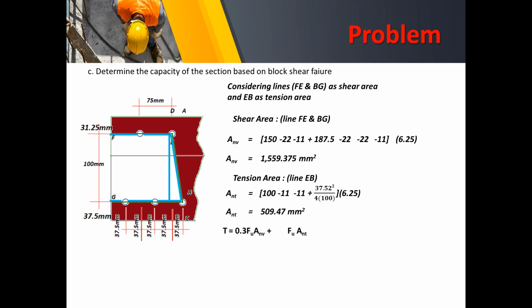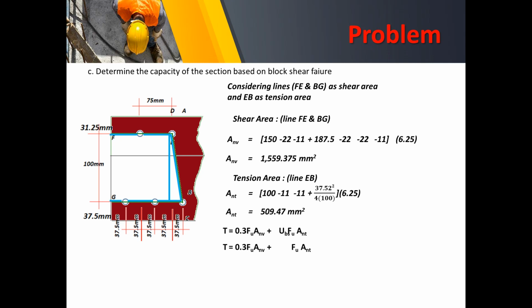Now, we apply the tensile formula for SI units. The first term is 0.3 FU times the net shear area. The second term is UBS times FU times the net tension area. Of course, applying the formula, we take note that we have here a staggered connection, and that is a non-uniform configuration.